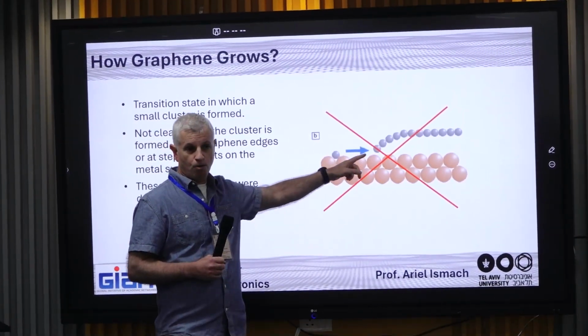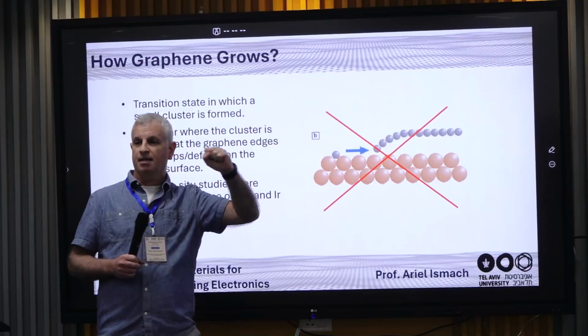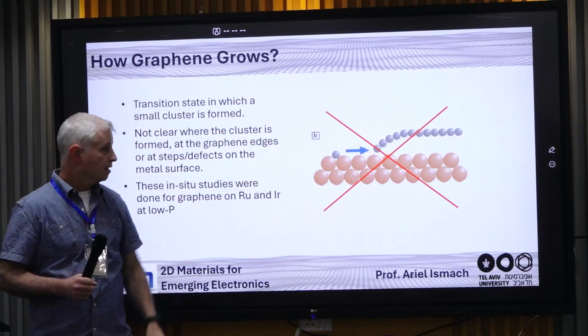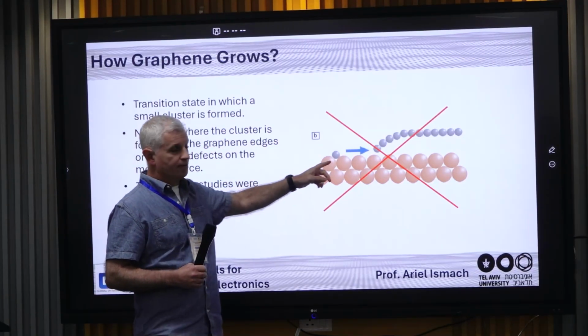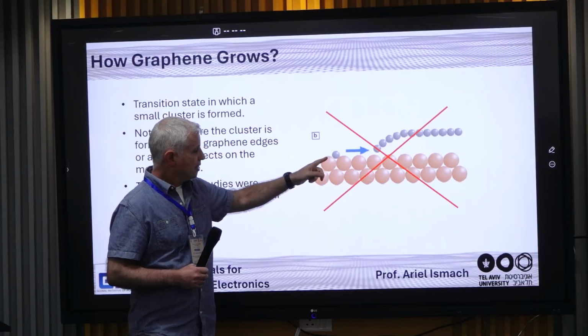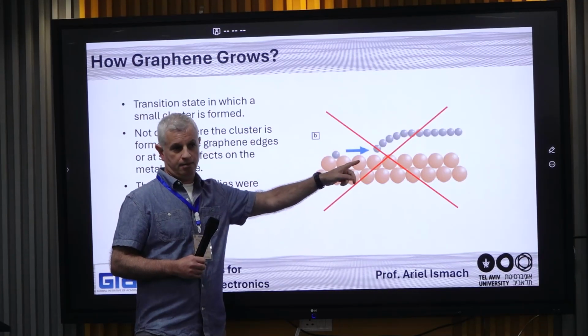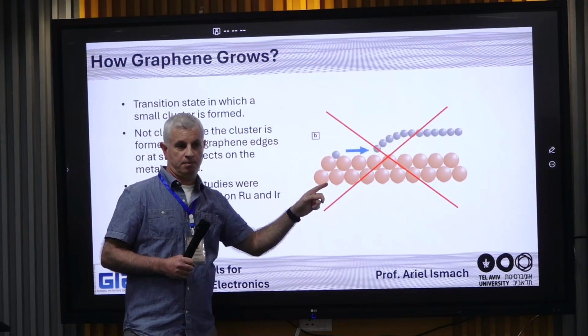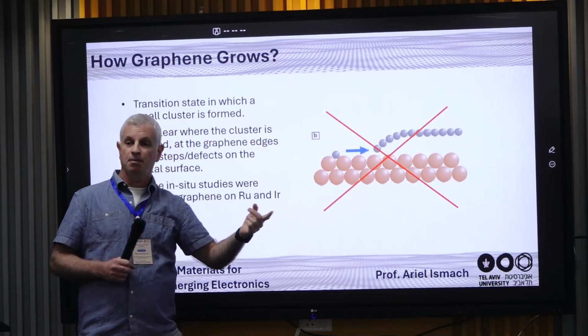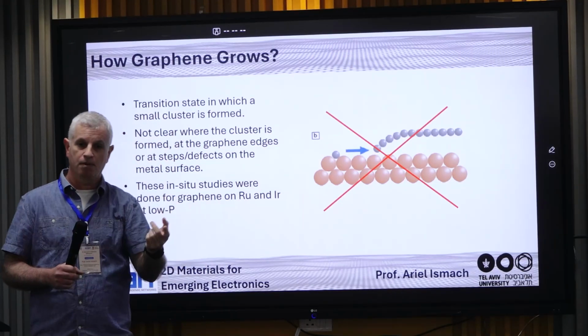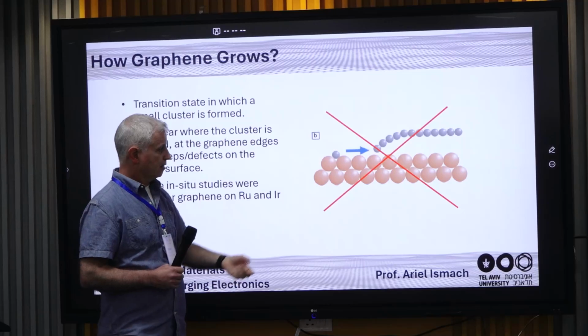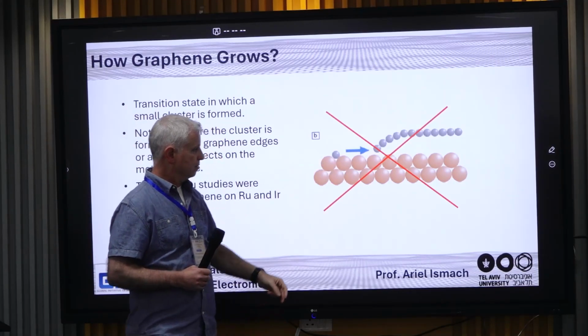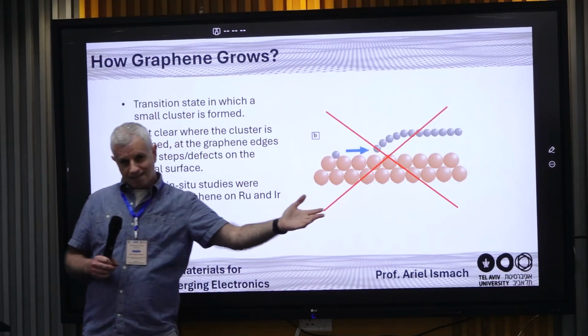You don't have growth by incorporation of single atoms to the edges. What you need to have in order to have incorporation is a small cluster of atoms here. And then it will be energetically favorable to break these bonds.